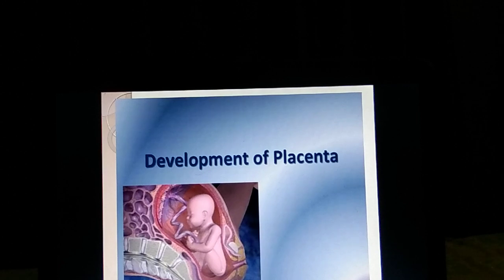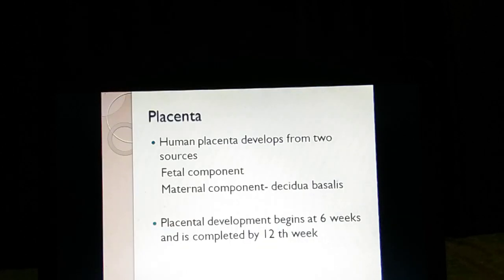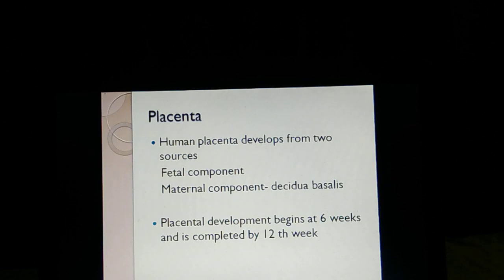So from the side of the mother, it is the decidua basalis which participates in the development of placenta. As you can see in the next slide, the human placenta develops from two sources, the fetal component and the maternal component.